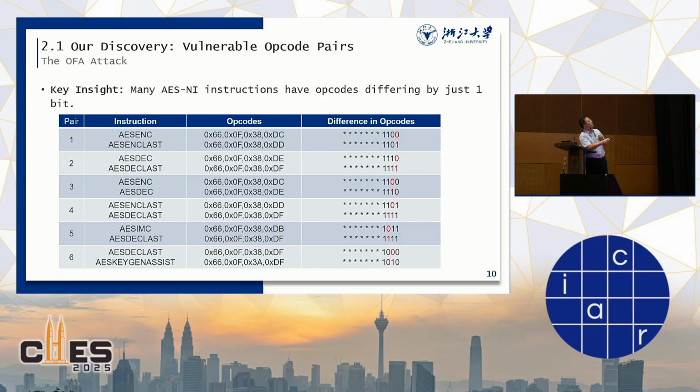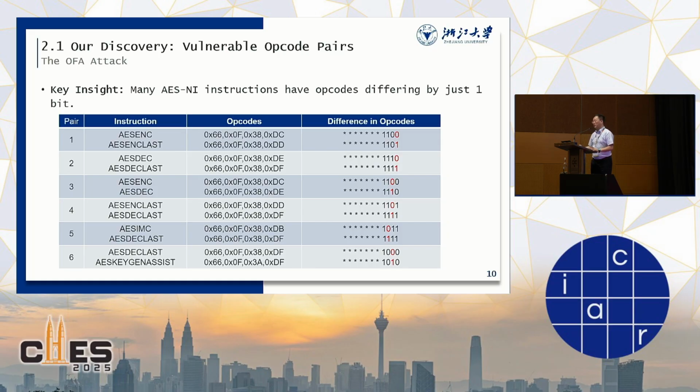So for the first one, AESENC and AESENCLAST, when you express the opcodes in binary, you will find there is only 1 bit difference between the 2 instructions. So basically, if you have the technique to flip 1 bit, you can change, for example, the instruction in the last round and change it to AESENC.